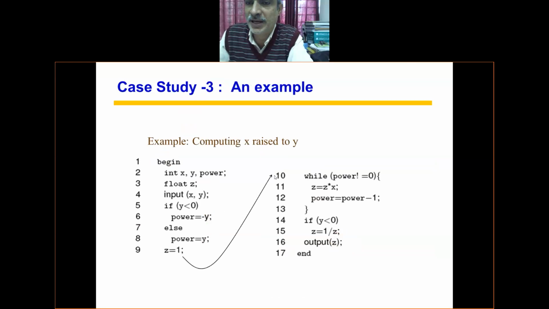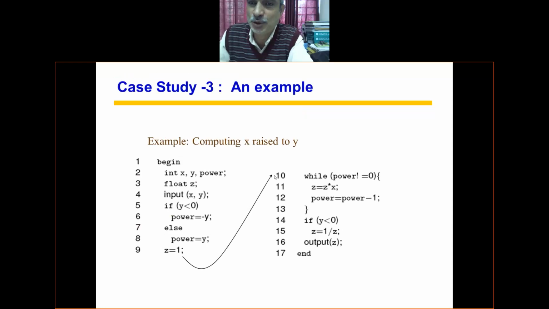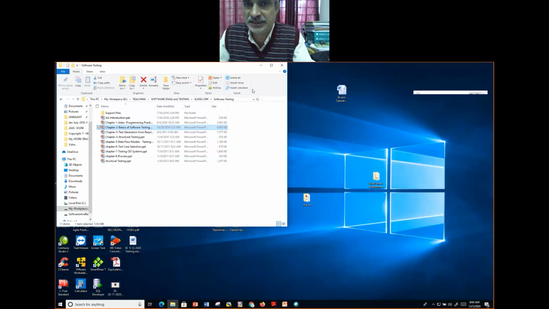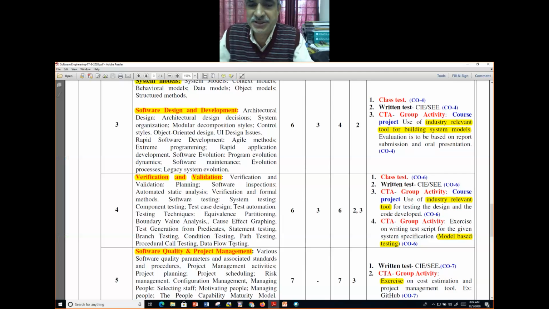That we have seen, and here is a case study argument. Please go through that. Now let me share the syllabus with you. There are many terms that we use. We were talking about path testing.